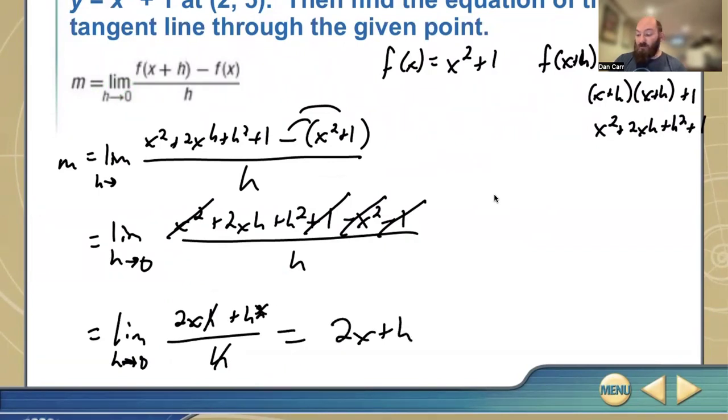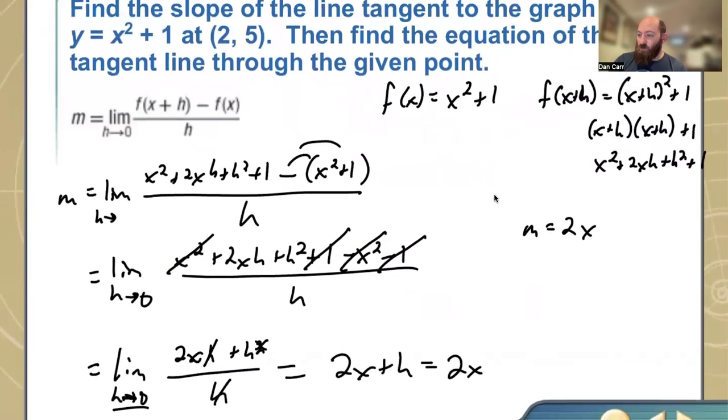When h is approaching 0, h goes away, so it's just 2x. This helps me find my slope, because we define the slope as the limit as we approach 0 between these two points. So the slope is m equals 2 times x.